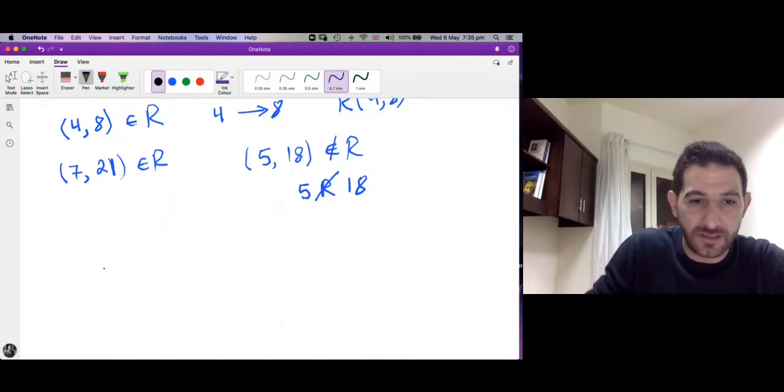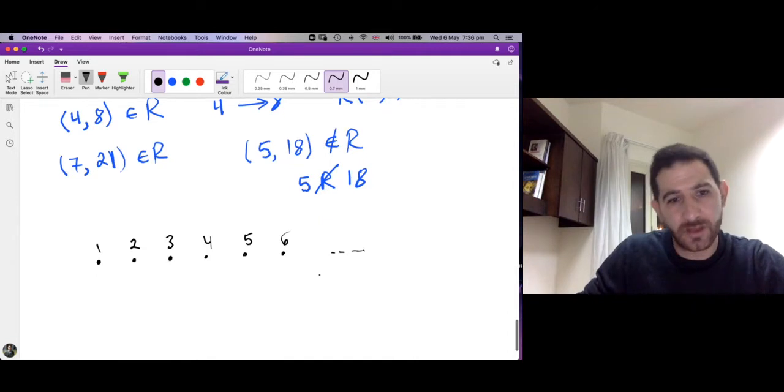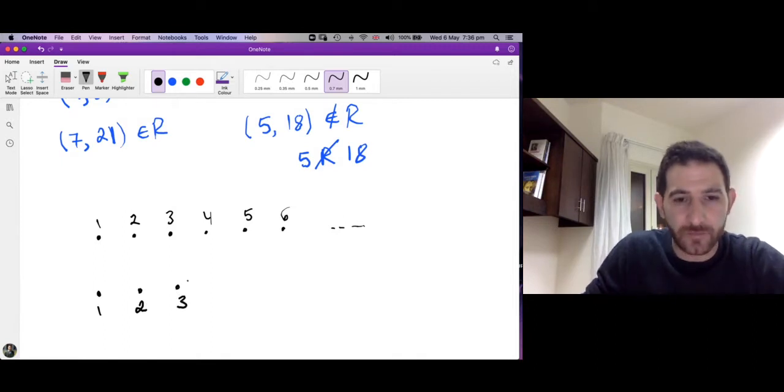So if you want to use arrows to represent this relation, we can start by listing the positive integers, and so on. You can work on this copy, or for clarity we can have another copy of the positive integers. Why am I talking about two copies?